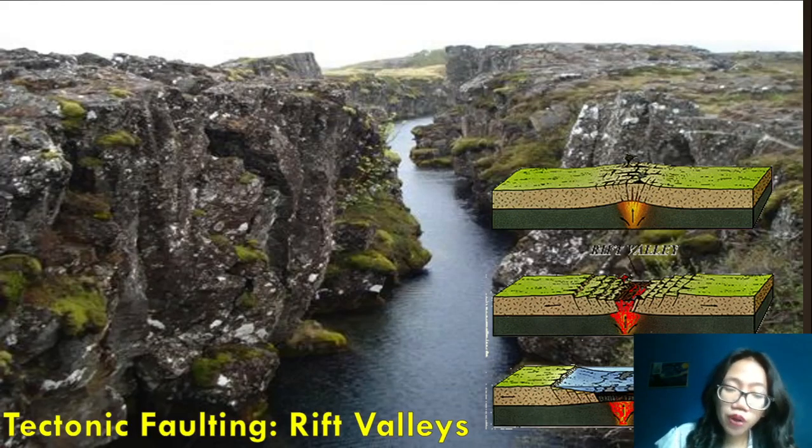Then you will also have tectonic faulting. If the first type only folds, this one cuts in between. We have one layer of plate, but in the middle, due to magma and high pressure underneath the surface, magma will start bursting out through the layer and create this large rift.